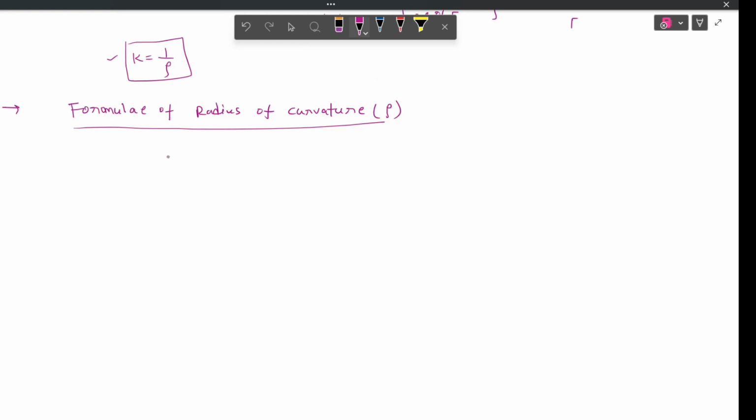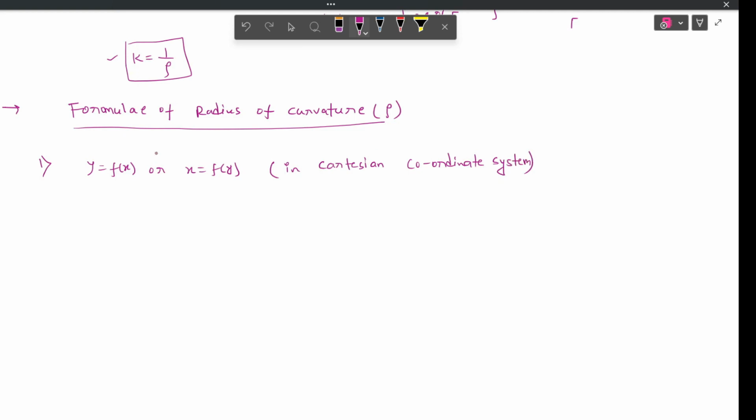If the equation of the curve is given, let us say y equals f of x, or let us say x equals f of y, and this is given in the Cartesian coordinate system.